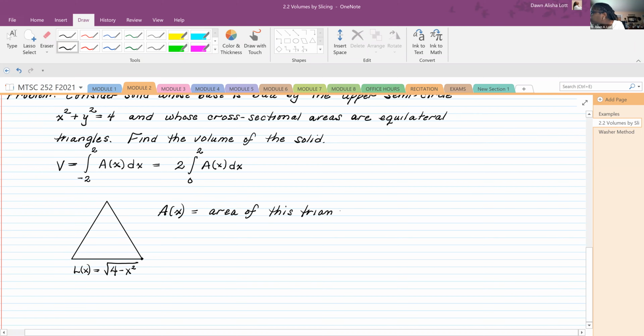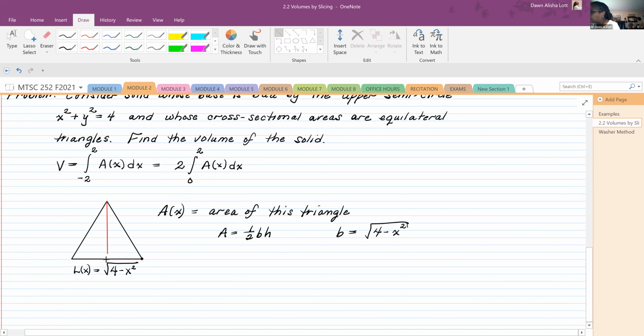What is the area of a triangle? Isn't it 1/2 base times height? Good. The area of a general triangle is 1/2 the base times the height. Our base we already know: it is the square root of 4 minus x squared. So we need to find the height.